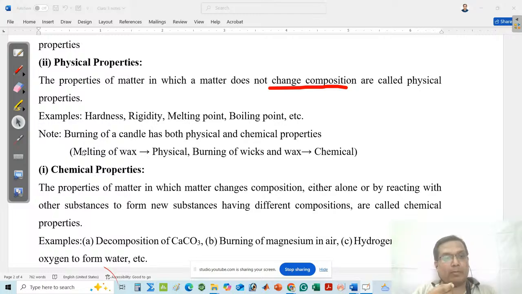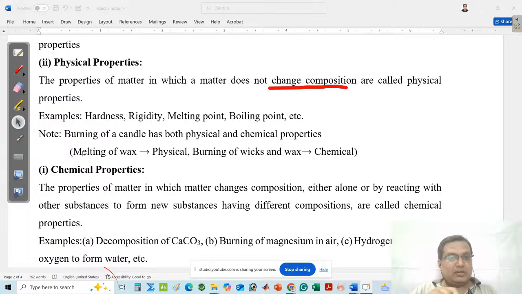Simultaneously, the candle will melt. That means the wax will melt. So we can say that melting of wax is a physical property because there is no change in the composition of the wax.